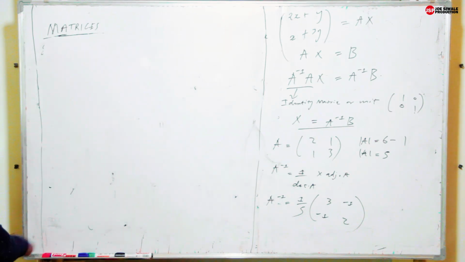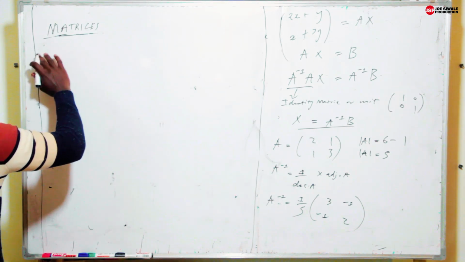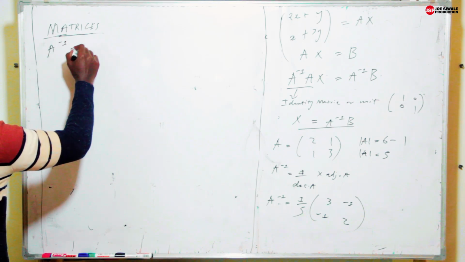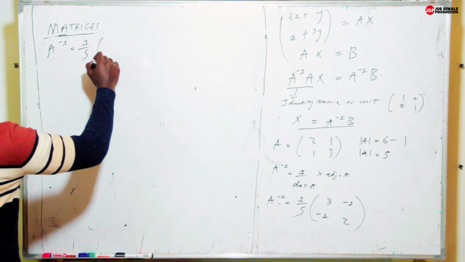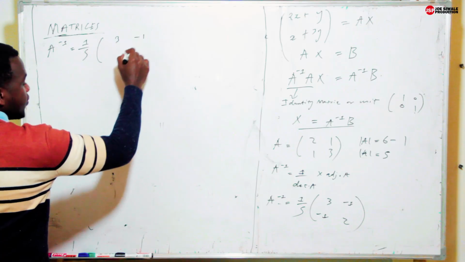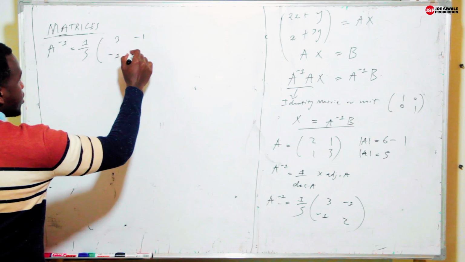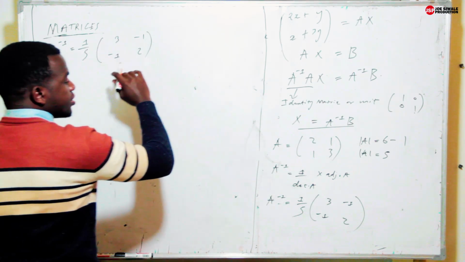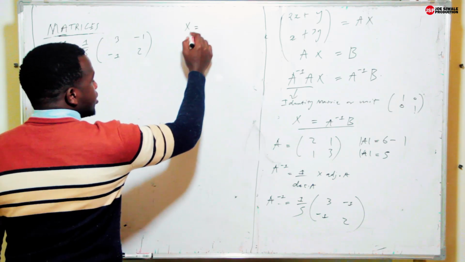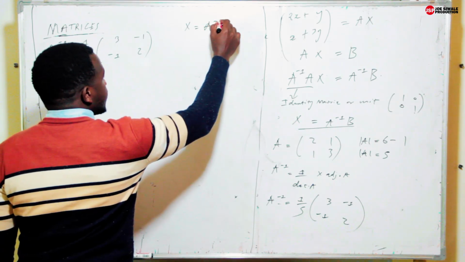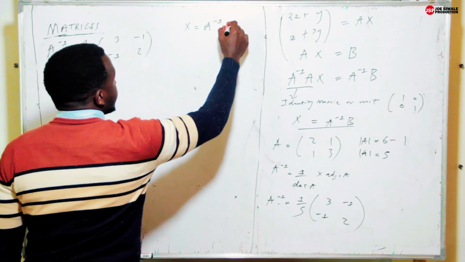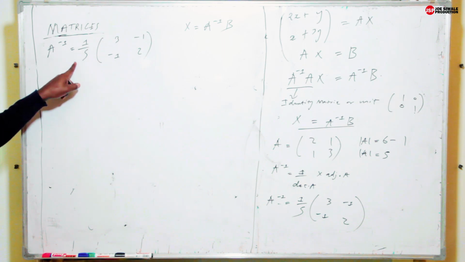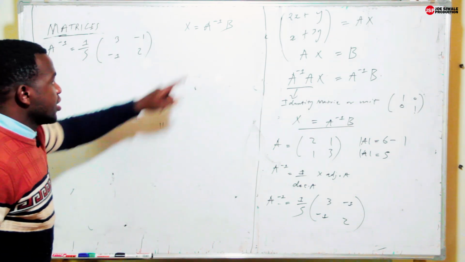So we continue this side. When we say the inverse of matrix A, it's 1 divided by 5. Then we have 3, -1, -1, 2. And I've said that for us to find our solutions, we're going to say x is equal to the inverse of matrix A multiplied by matrix B. So since we have calculated the inverse of matrix A, we can now use this equation.